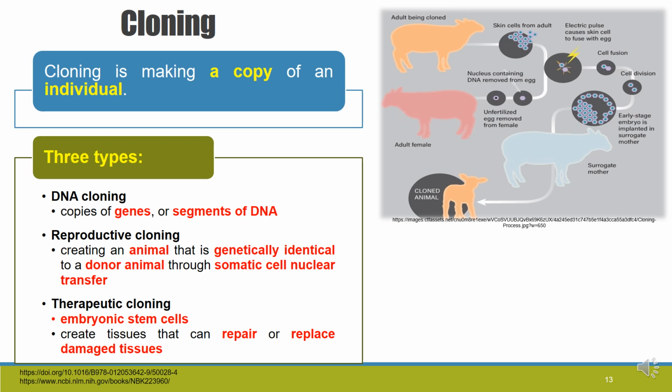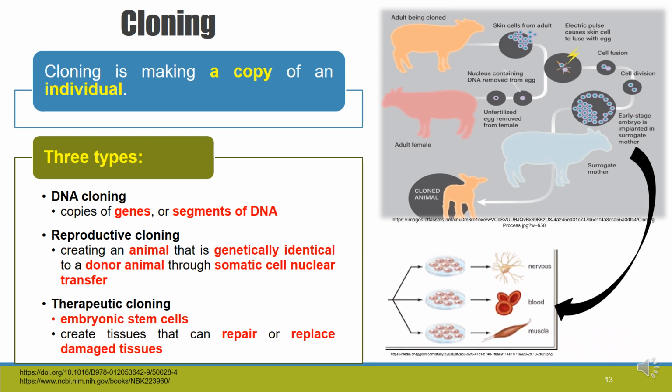Whereas therapeutic cloning is a process of creating a clone embryo for the purpose of producing embryonic stem cell with the same DNA as the donor cell. This stem cell can be used to create tissues that can repair or replace damaged tissues.